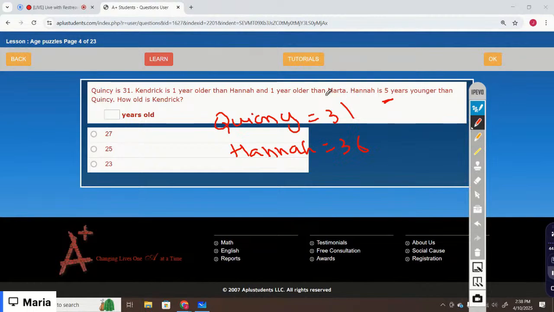Hold on. Hannah is 5 years younger, sorry, not older. You need to subtract 5. So when you subtract 5, 26 it is.